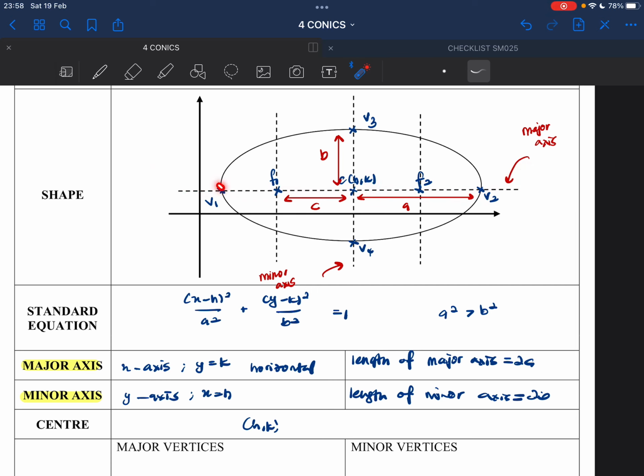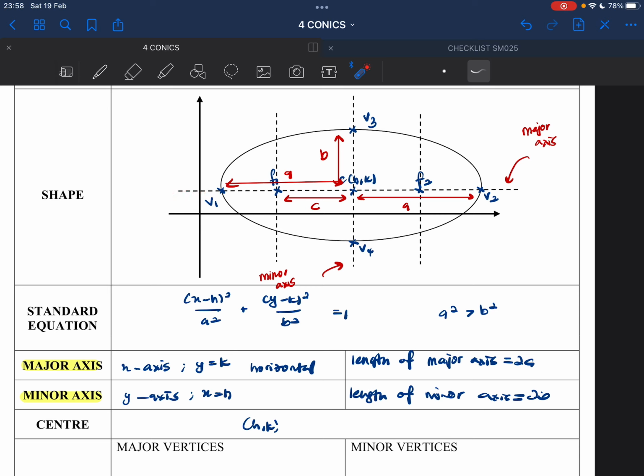Okay, so how are we going to find the value of x? Let's see for v1. The distance between the center and the vertex here is a, and the value of k doesn't change. So the x coordinate for vertex 1 is h minus a. How do we get that?